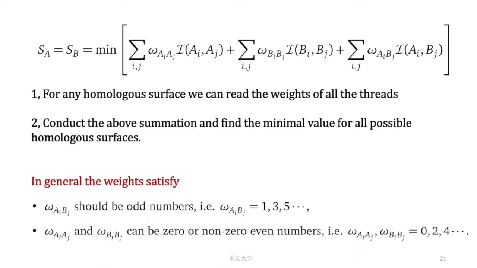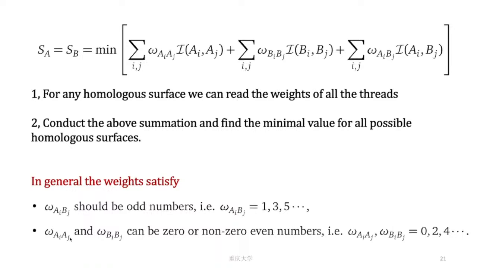Before we go to an explicit example, we give some general properties the weights should satisfy. For example, the weight for the threads that go from some subset inside A to some subset inside B should be odd numbers, for example 1, 3, and 5, because they just switch from one side of the homologous surface to the other side.